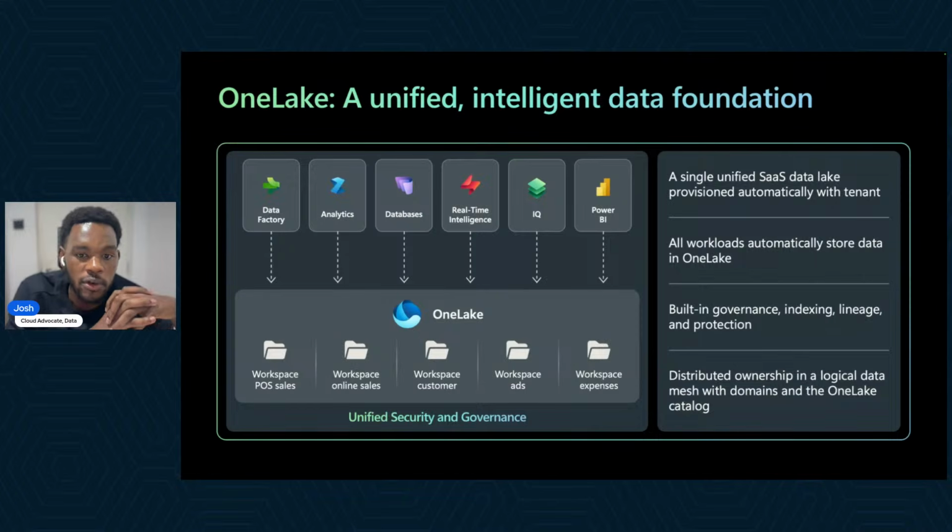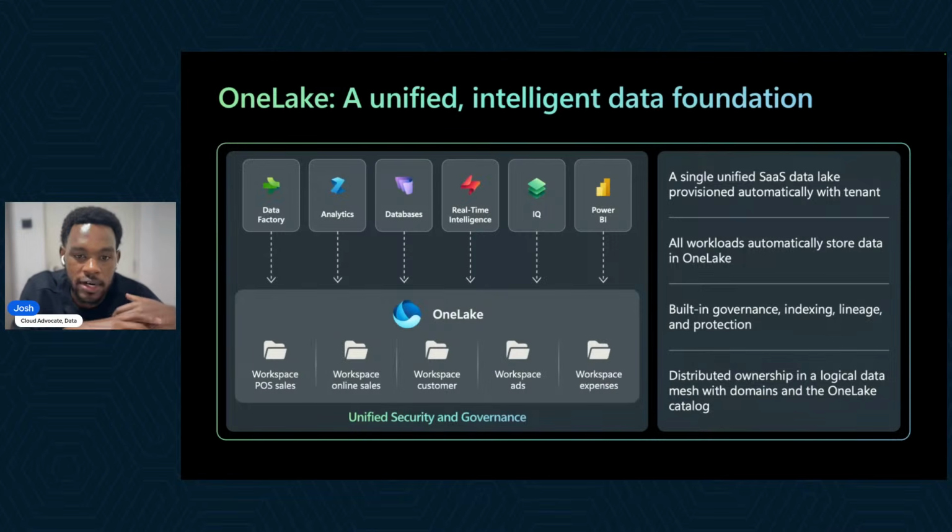As long as you have your Microsoft Fabric tenant, OneLake is automatically provisioned within your Microsoft Fabric tenant. And with OneLake, you just have one lake. That's why it's OneLake across your entire organization. So you do not need to provision multiple data stores for your storage needs within Microsoft Fabric.